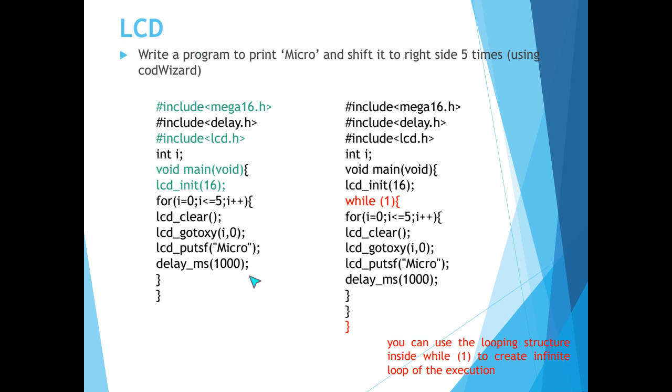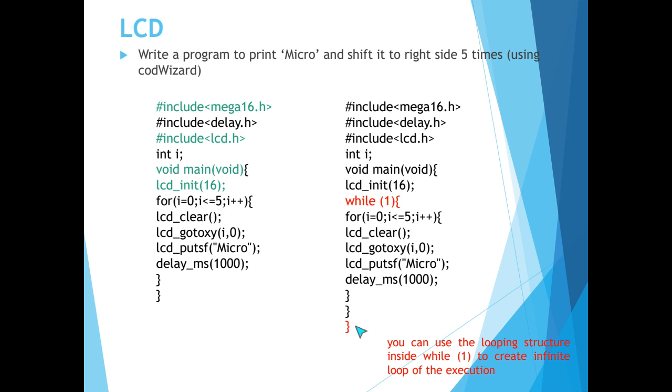If we write this code, this section, it means that micro is written on our LCD screen, and it is shifted from the first column to the 6th column, and then the execution of the program is finished.